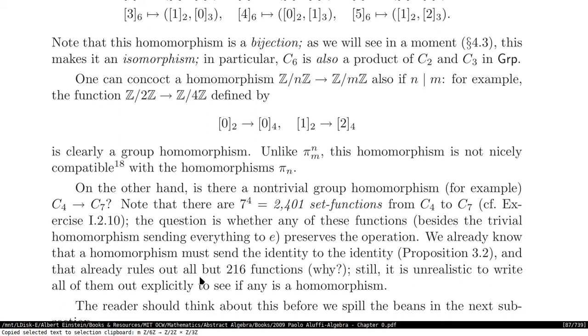So here it's going to be 7 to the power 4. That will be 2401 set functions, but because it's a homomorphism, we have to make sure the law of composition, the operation, is satisfied and preserved.